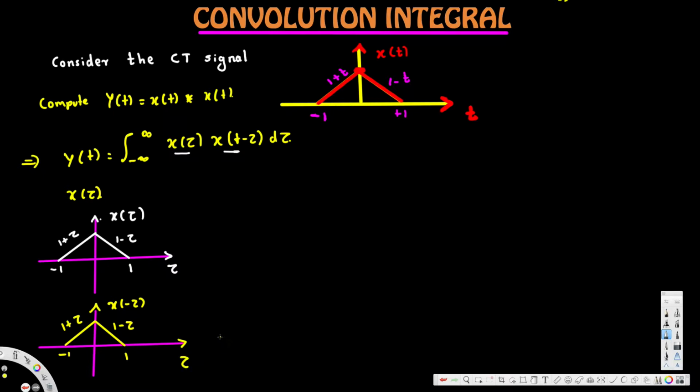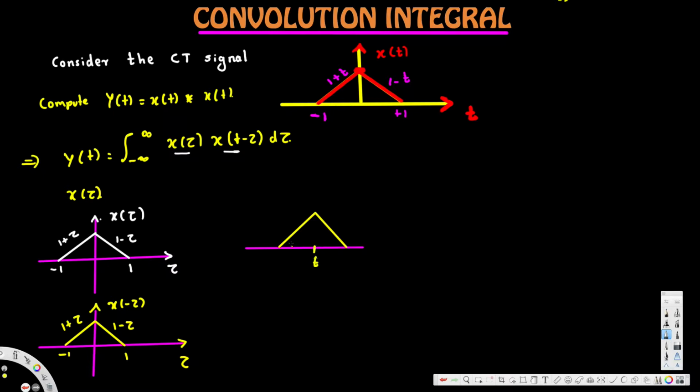Now what is x of t minus tau going to be? T minus tau is nothing but this shifted to t. Since we don't know where t is located, we leave the y-axis blank and just draw the x-axis, and then draw like this, and the middle part is going to be t because it's shifted to t.